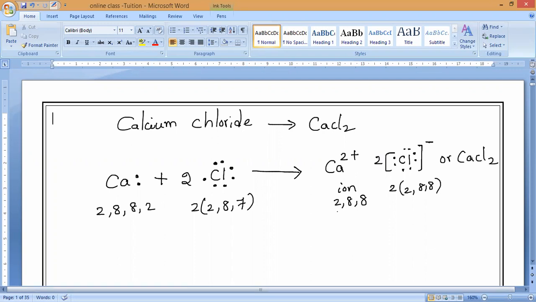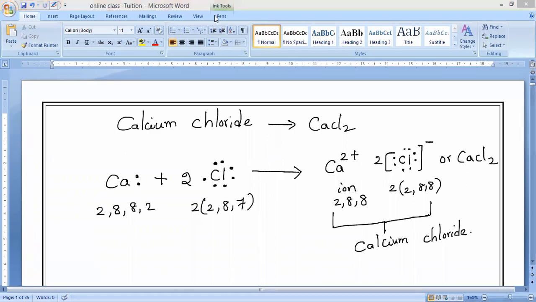So what is the nearest inert gas electronic configuration? Both are acquiring the same configuration. Argon. Very good. So calcium chloride acquires the nearest electronic configuration of argon. Is it yes or no?